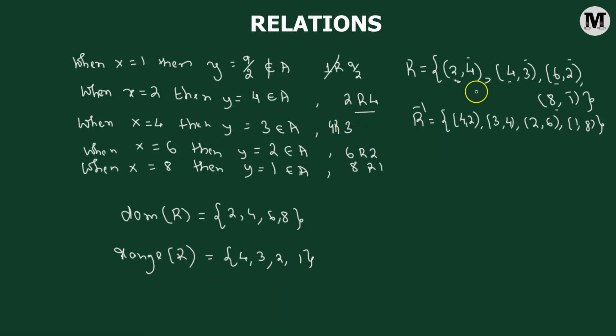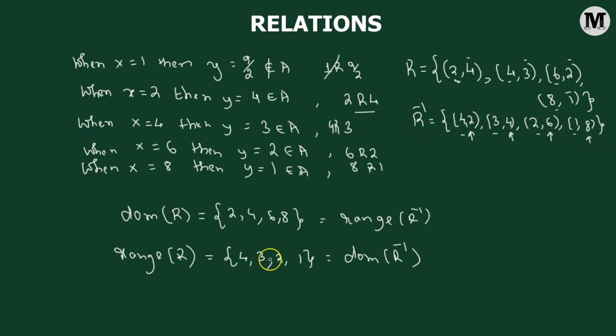Now we'll find the domain of the inverse relation R. The domain will be simply the first element of each ordered pair. So those are 4, 3, 2, 1. This is going to be the domain of the inverse relation, and that is exactly equal to the range of the relation R. Then the range of R inverse corresponds to the second element of each ordered pair of R inverse.